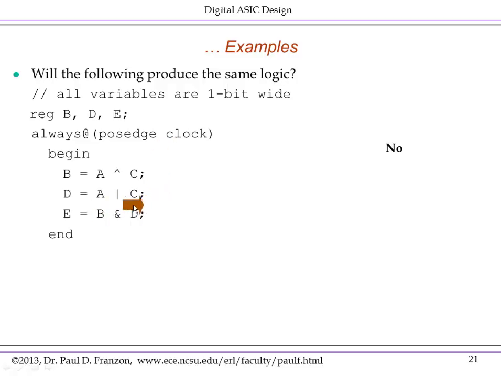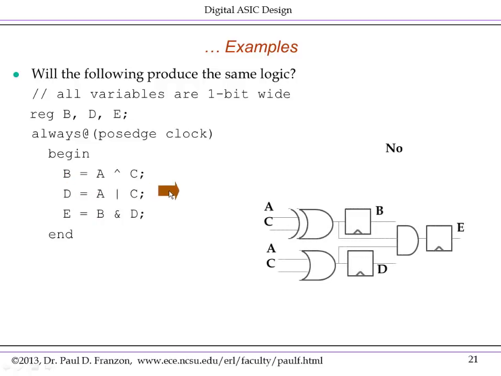Where are those in the actual schematic? They're at the inputs of these flip-flops. So we don't get the schematic we had 2 pages ago. Now, the procedural block assigning E is taking the values of B and D from the inputs of B and D, because that is what's being specified by the blocking assignment here.